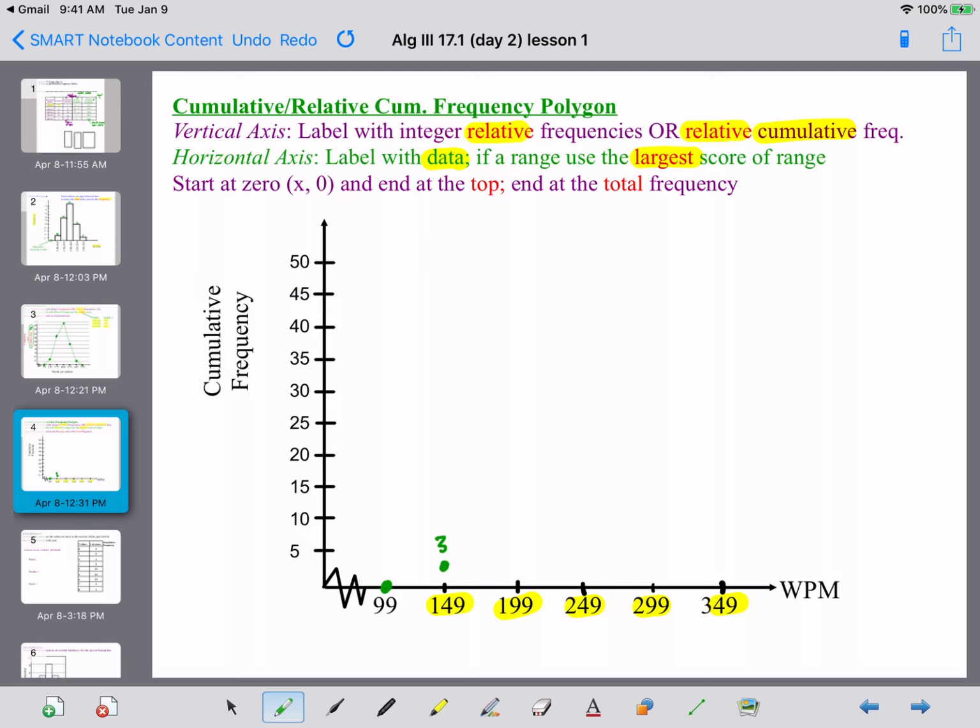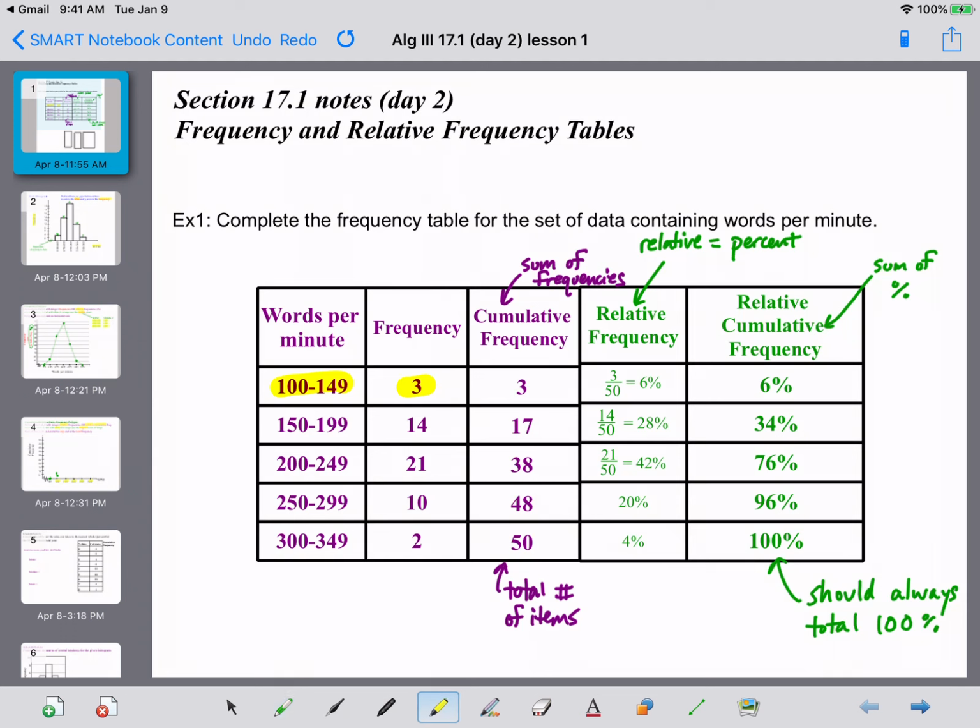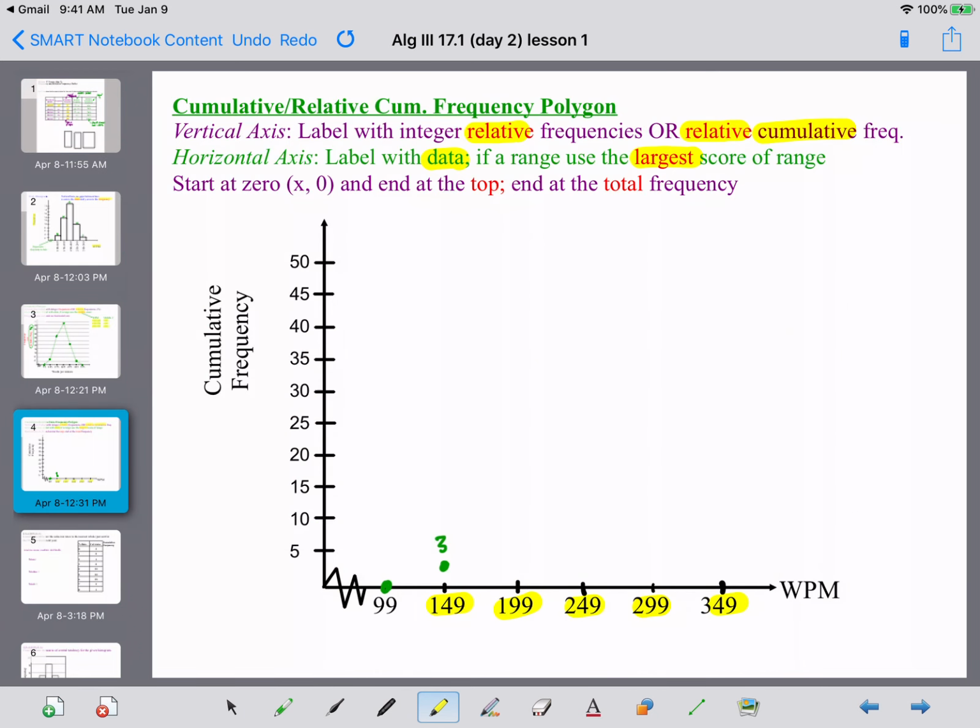And then at 199, that next range, we added up to, let's go back to our table. So we got 3, then 17, then 38, then 48, and we're going to end at 50. So this is where I'm getting these numbers from. All right, so next we now have 17 people.